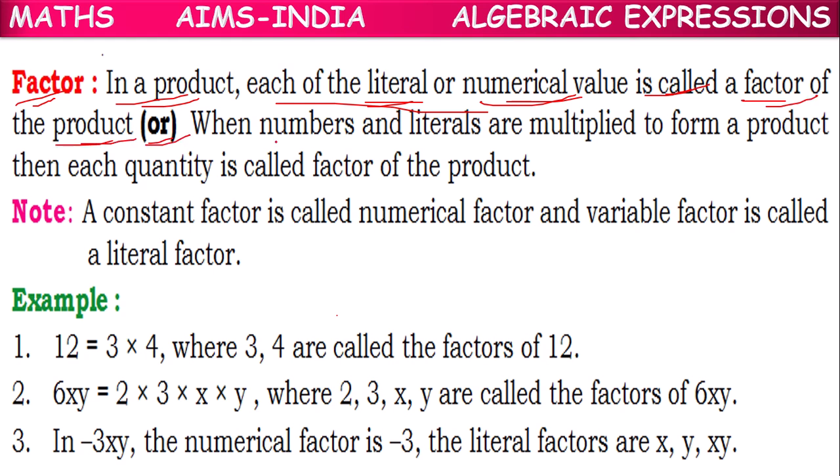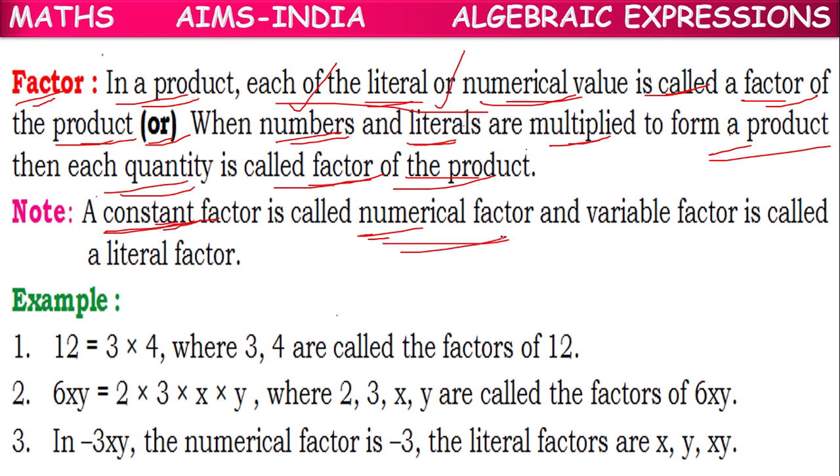When numbers and literals are multiplied to form a product, each number or literal which is multiplied for making the product is called a factor of the product. If the factor is numerical or constant, it is called a numerical factor. If it is a variable, it is called a literal factor.